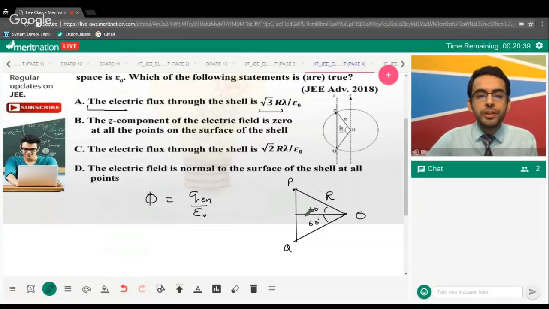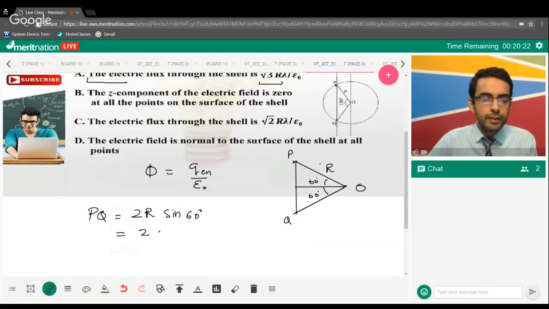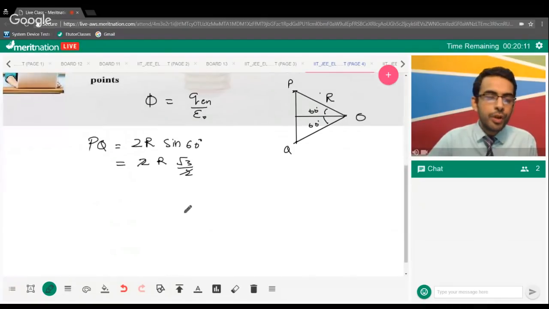So this PQ length, we can easily find that PQ is equal to 2R sine 60 degree. So from here, we can say 2R multiplied by root 3 by 2. So simply R root 3 is the length of PQ. So how to find the charge?